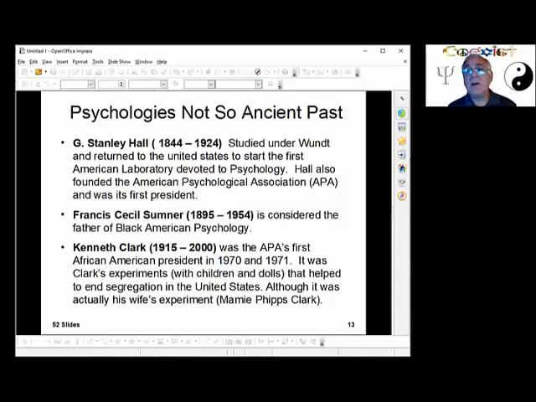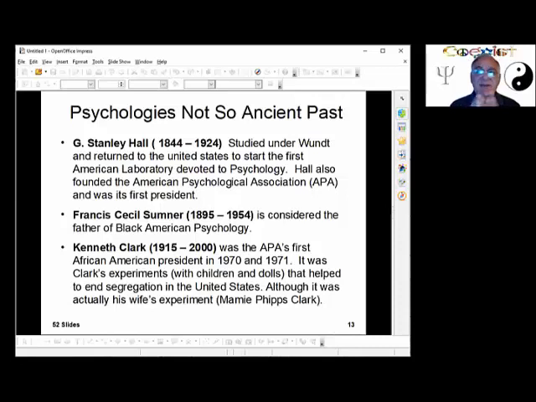Kenneth Clark was born in 1915 and died in the year 2000, very close to our time here. He was the APA's first African-American president in the 1970s, 1970 and 71. And it was Clark's experiment with children and dolls that helped to end segregation in the United States.